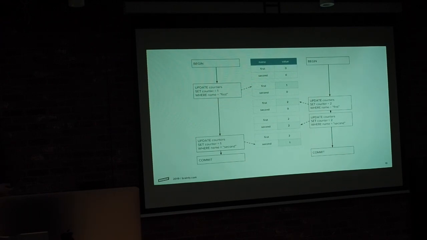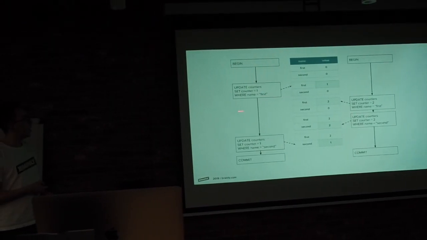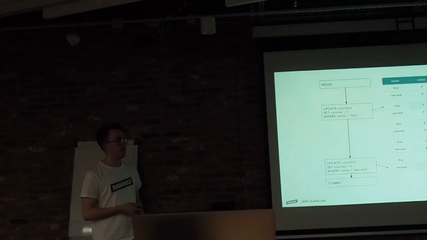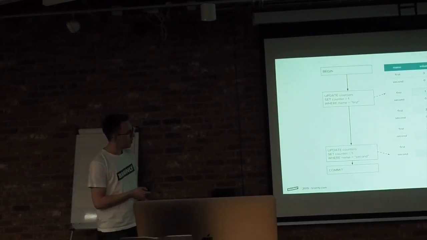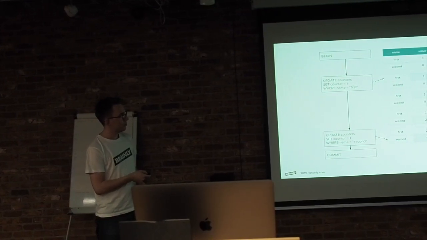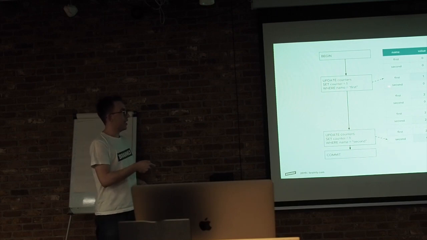What happened here? Well, the definition of dirty write is that a transaction can overwrite uncommitted data. Because as you can see, this transaction overwrote the uncommitted data.